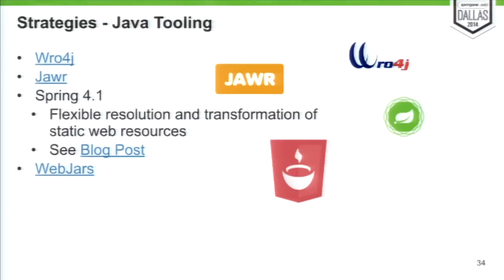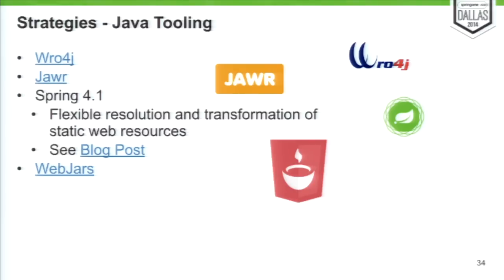In terms of tooling for building your applications, I see two avenues. One is to stick to the Java side and use the Java tooling. There are options like Wro4j, which is certainly the best option we have right now in Java land. These are tools that have been around for several years and do the minification, compression, etc. on your static resources.